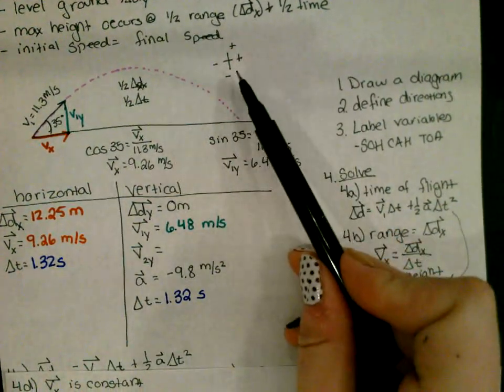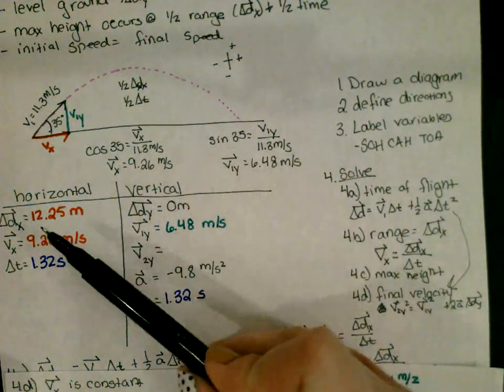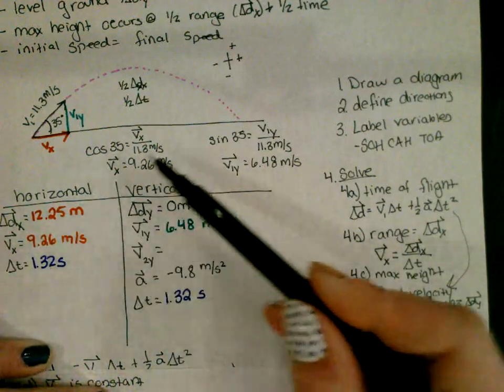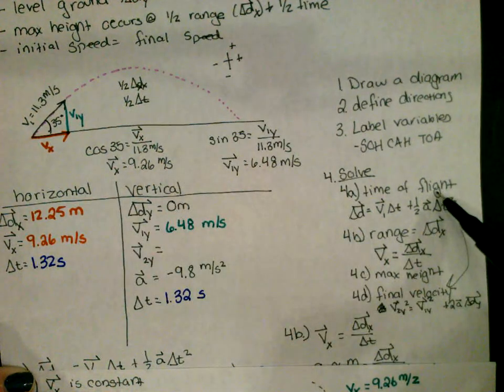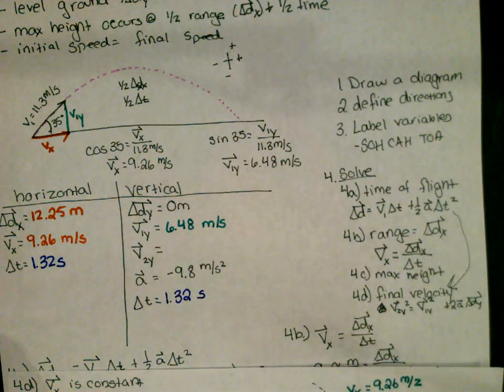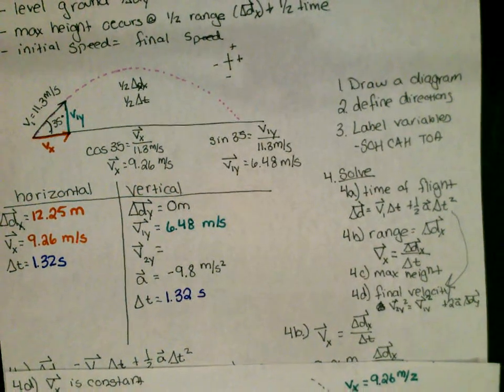You're going to define your directions, label your variables, use SOHCAHTOA to find the x and y components, and then apply that to solve for your change in time, your range or your total change in displacement of x, your maximum height, and your final velocity. And this is the order you'll use. I promise it seems confusing at first, but the more you work, the more logical and the more routine it will get. And it almost becomes comforting after a while to solve these.